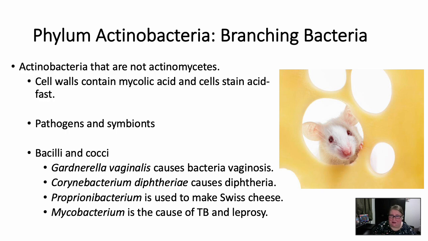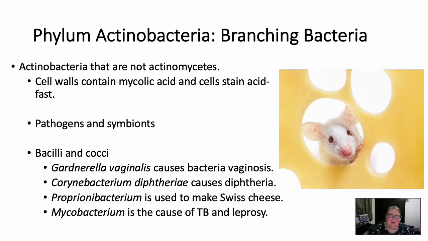This mycolic acid gives a waxy coating, which is really hard for things like our immune cells to hold on to, but it also makes it so that they're not gram stainable. So in order to view them underneath the microscope, we're going to have to use a different differential stain. We're going to use something like the acid-fast stain that uses heat to get the stain into this waxy layer.